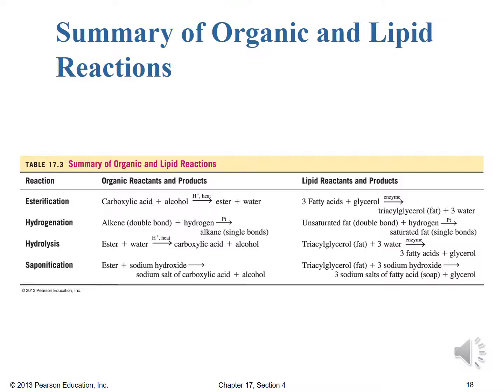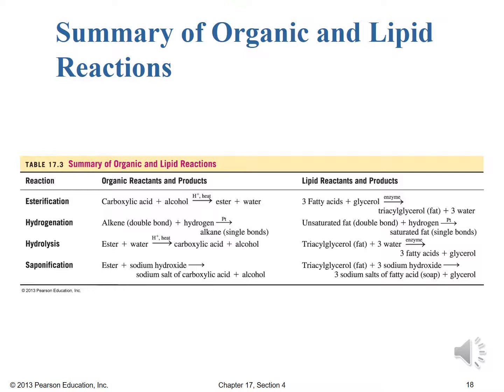And finally, if we did that same reaction in the presence of a strong base instead of an acid catalyst or an enzyme catalyst, we would get the ester plus sodium hydroxide or potassium hydroxide giving a sodium salt of the carboxylic acid plus an alcohol in general organic chemistry. But in a lipid biological sense, you'd see that triacylglycerol, the fat or oil, plus 3 sodium hydroxide would give rise to 3 sodium salts of fatty acids, the soap, plus the glycerol.